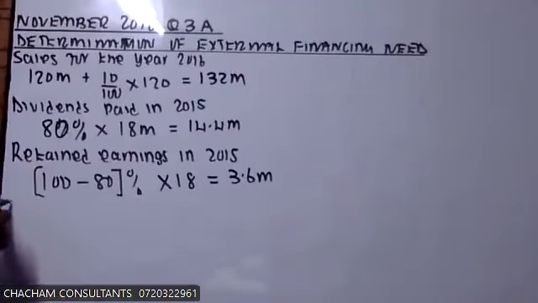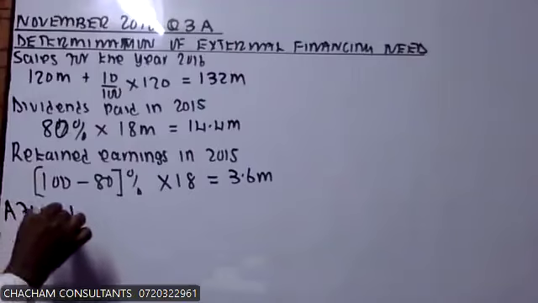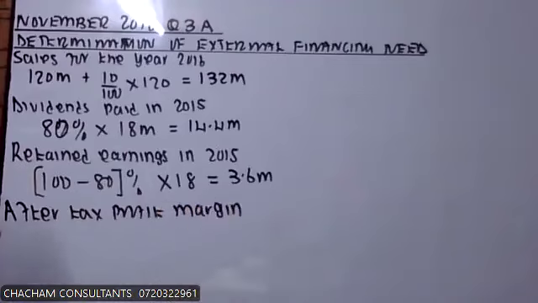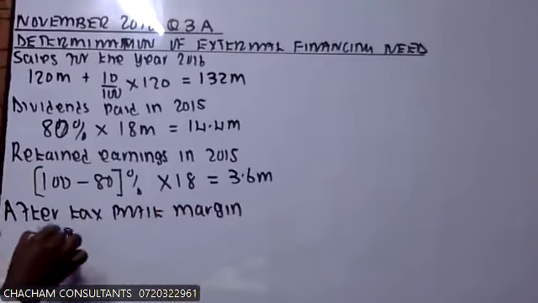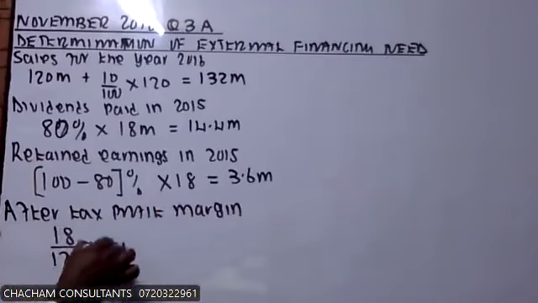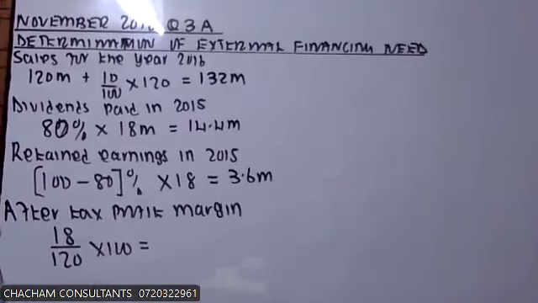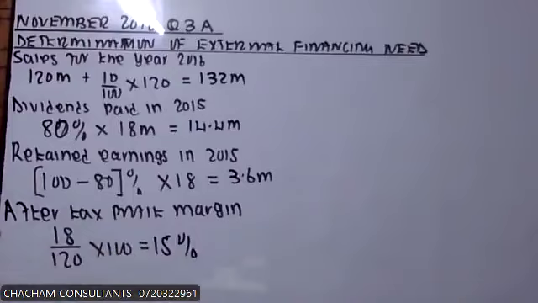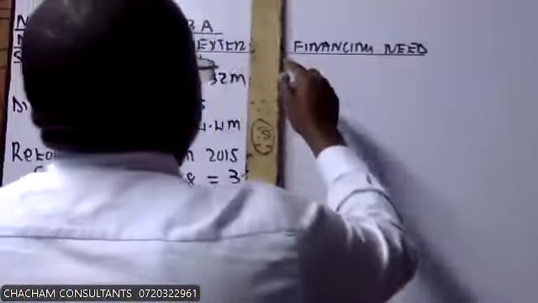So the after-tax profit margin will be 18 out of 120 times 100. That is 15%.